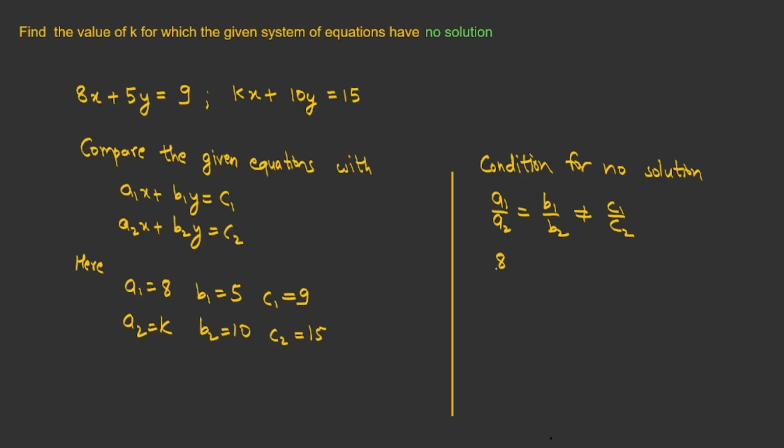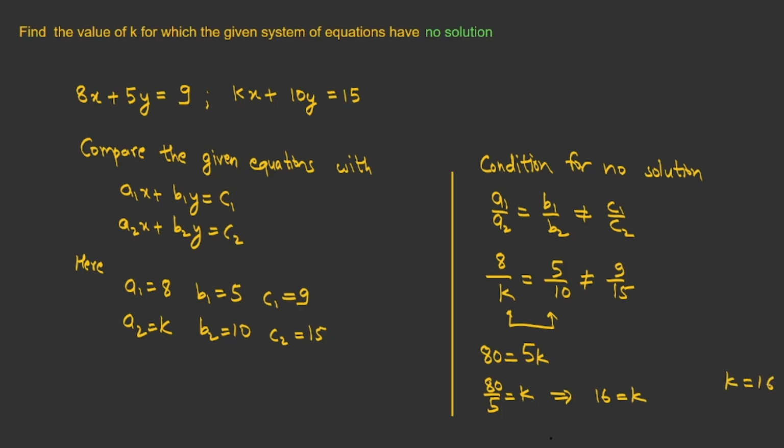Put all the values: 8 upon k equals 5 upon 10 and it is not equal to 9 upon 15. We take this pair. So you cross multiply, so you will have 80 equals 5k. Now transfer 5 this side, so you will have 80 upon 5 equals k and that will give you 16 equals k. So from here you get the value of k as 16.